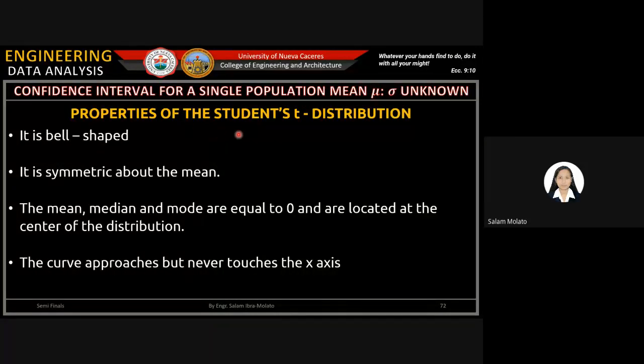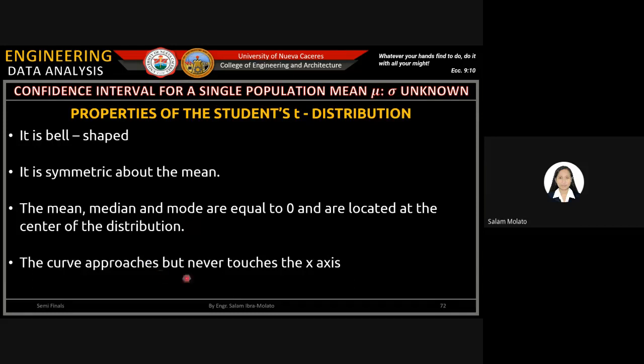So the properties of Student's T distributions. It is bell shaped just like the normal curve, no? It is symmetric about the mean. The mean, median, mode are equal to 0 and are located at the center of the distribution. So I hope you already know what is the mean, median, and mode. Na-discuss ko din ito or nag-recall tayo nito sa F2F.